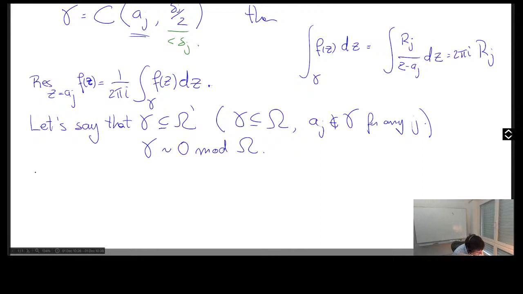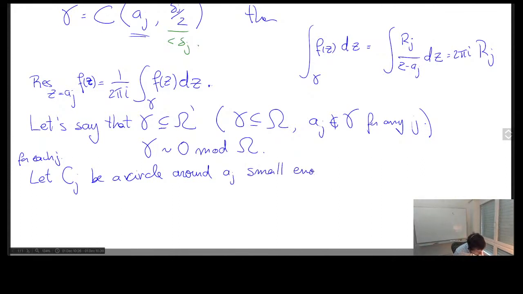Okay, so let's say, for each j, let C_j be a circle around a_j small enough so that no other a_k is inside it.